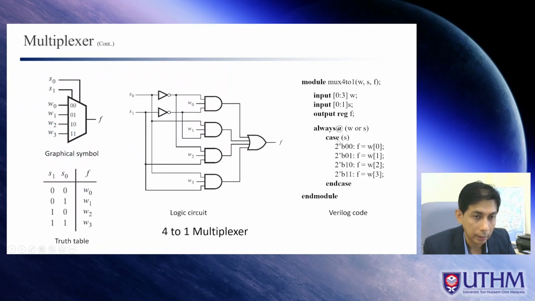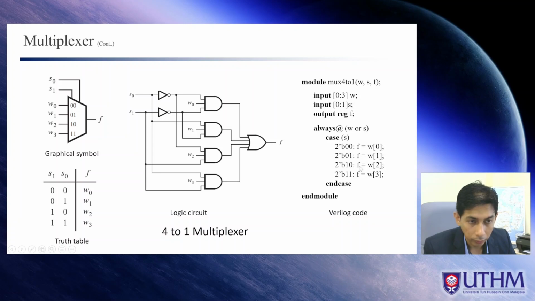In this case, we test S. Because S is 2-bit, S can be 0, 0. This is how we write 2 bits in binary, 0, 0. So if S equal to 0, 0, F should be equal to W0, exactly based on this. If 0, 1, F equal to W1.